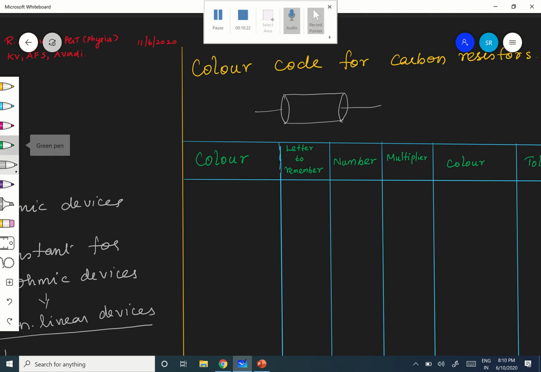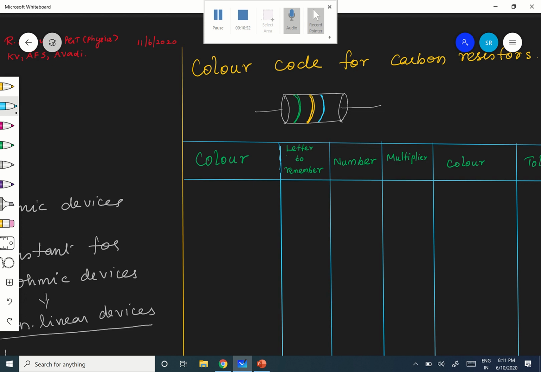For example, the first one is green, then yellow, and the third one, let it be blue. Then there will be one more, which I will let you know afterwards.